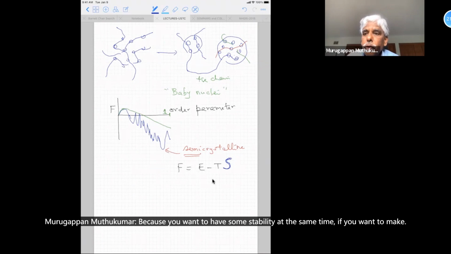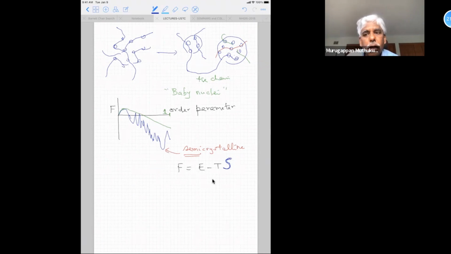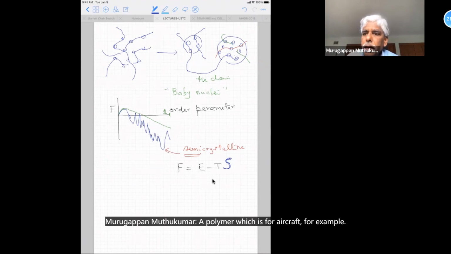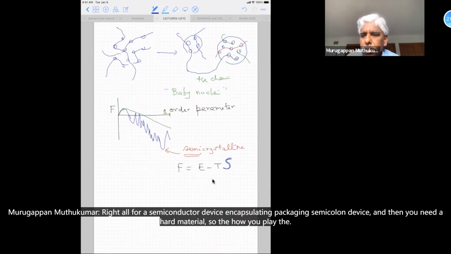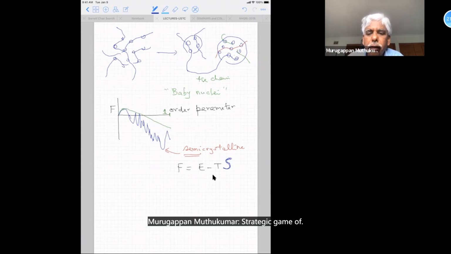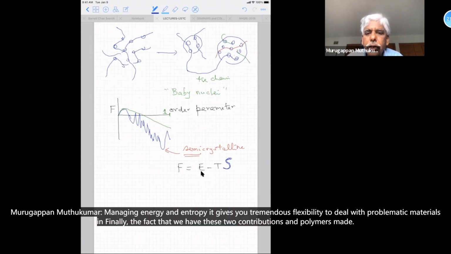At the same time, if you want to make a polymer for aircraft, for example, or for a semiconductor device, encapsulating, packaging semiconductor device, then you need hard material. So how you play the strategic game of managing energy and entropy gives you tremendous flexibility to deal with polymeric materials.